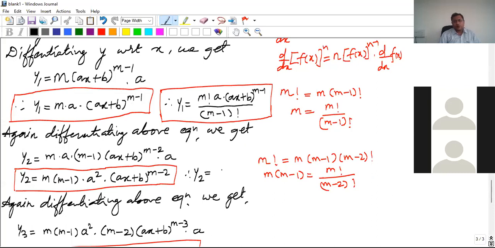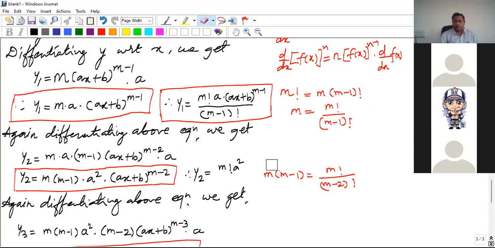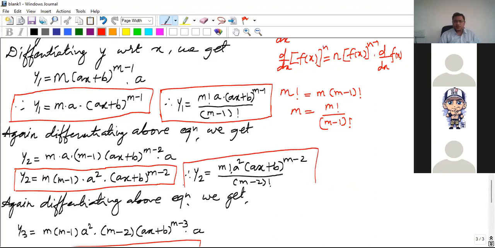So y2 is equal to m factorial a square, (ax plus b) raised to m minus 2, upon (m minus 2) factorial. So we get this in terms of factorial.